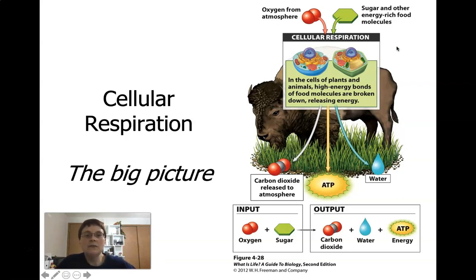We're taking a look first at inputs, and let me grab my pen real quick. So inputs, we've got oxygen and we've got sugar. When you write the equation, you can write it however you want. I'm going to write it as the chemical equation.